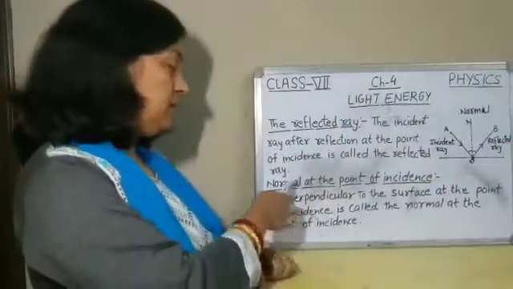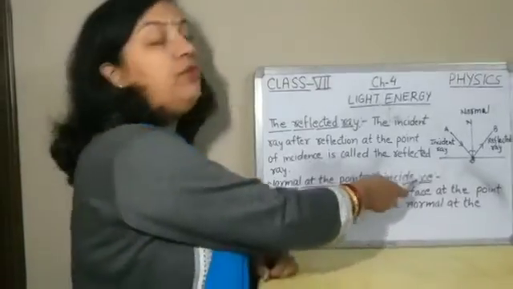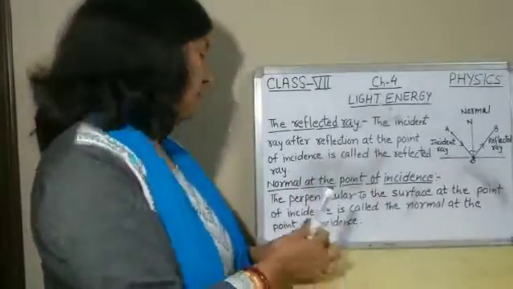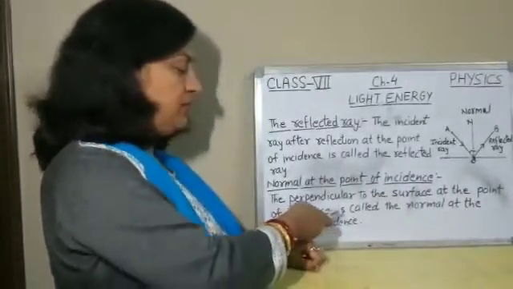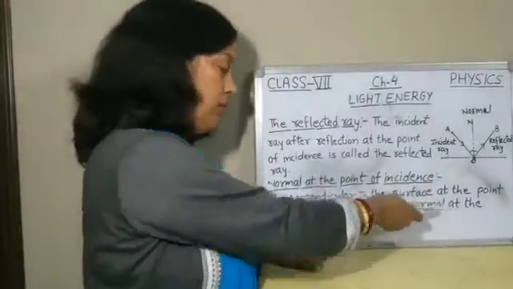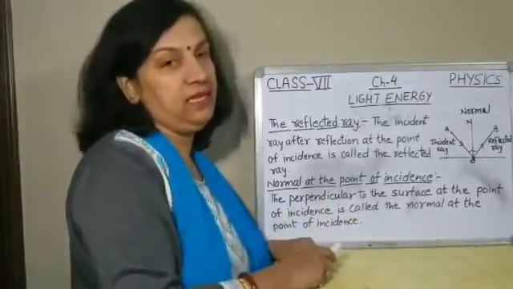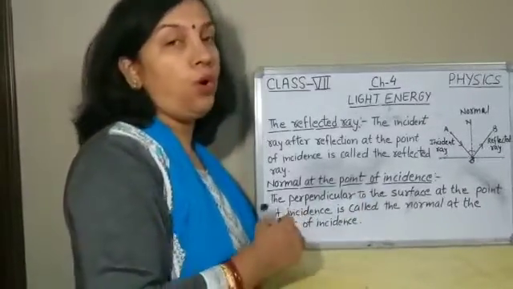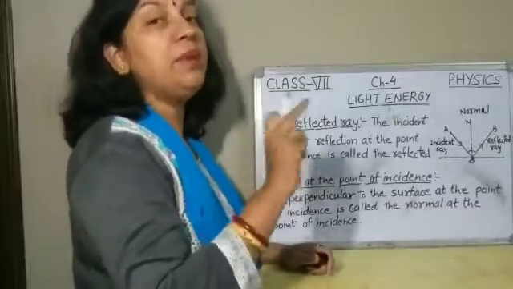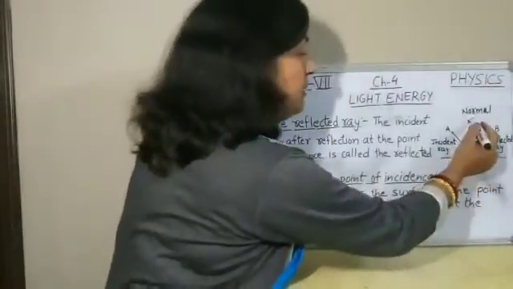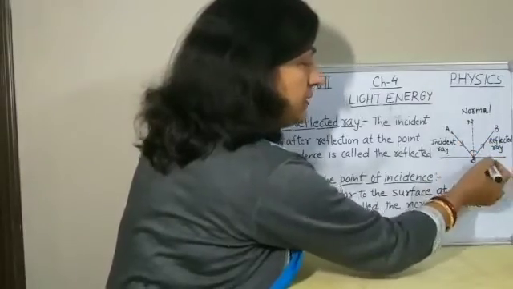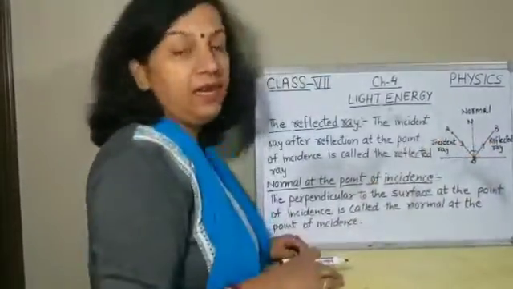Now next term is normal at the point of incidence. Clear? The perpendicular to the surface at the point of incidence is called the normal at the point of incidence. Perpendicular, you all know, means which makes a 90-degree angle. So this is the perpendicular with this surface which makes a 90-degree angle.